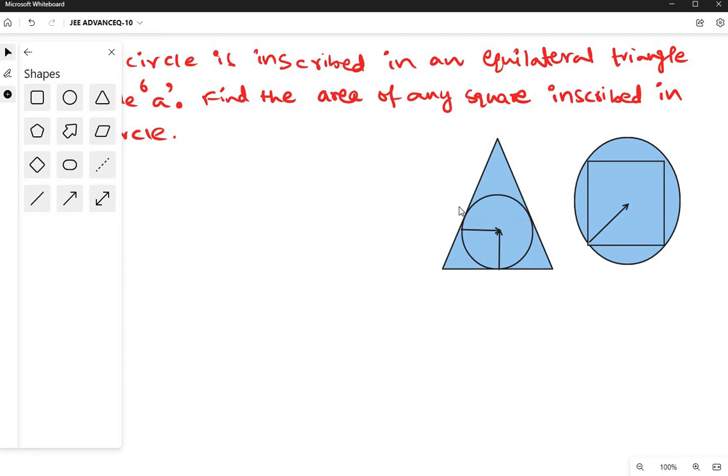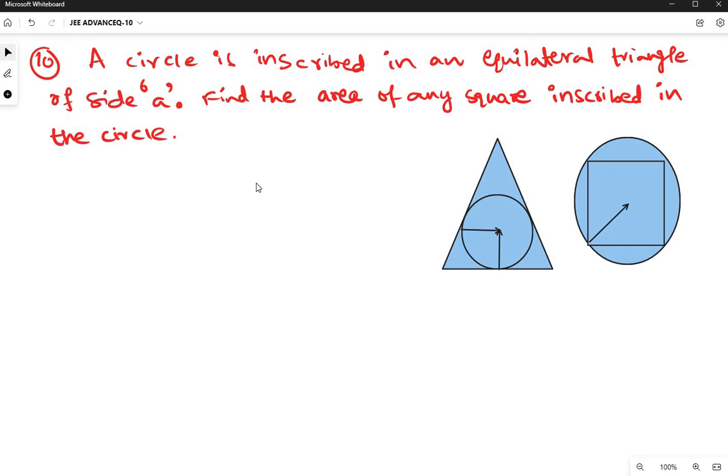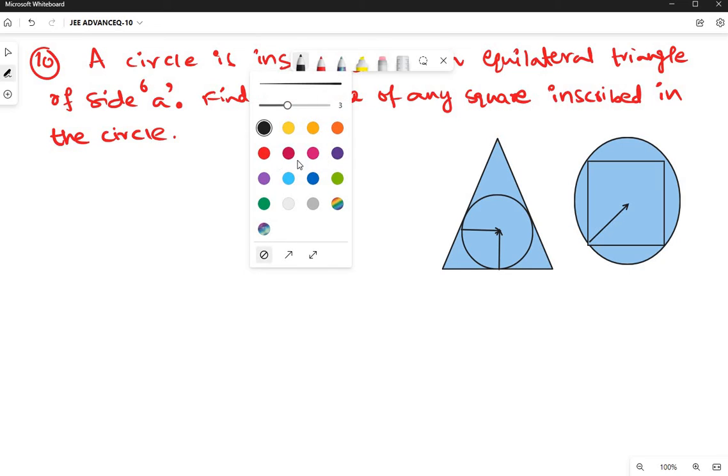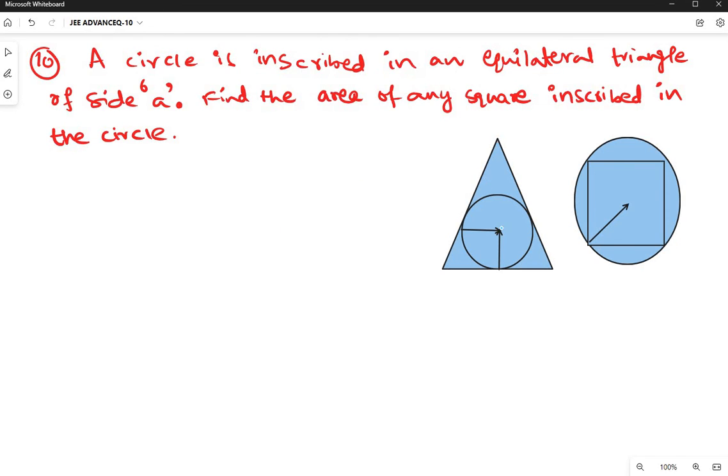With these names, let us mark the points. O is the center here. This is A, B and C.